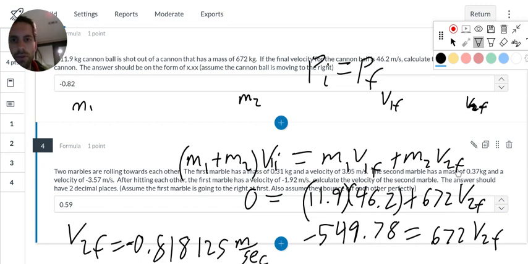I want 2 decimals, so round this value. It's 0.82.